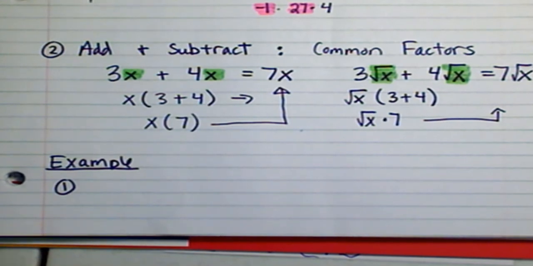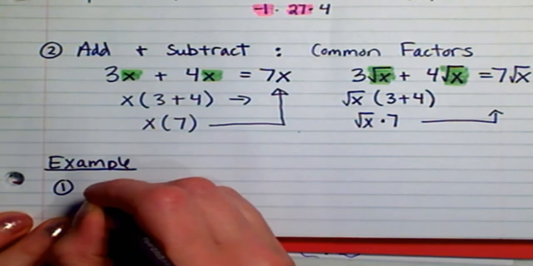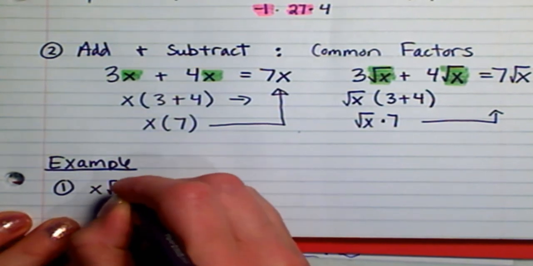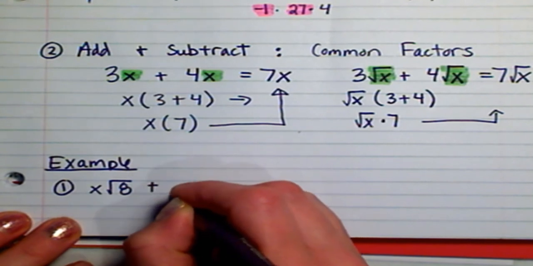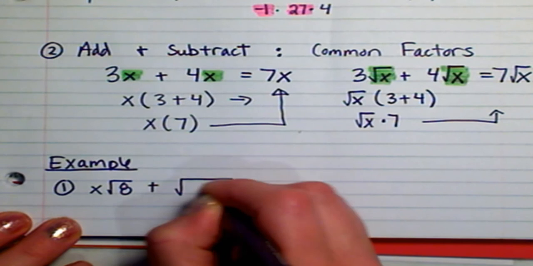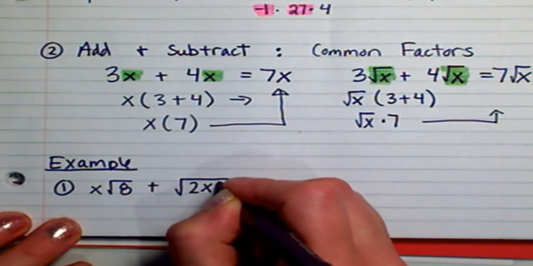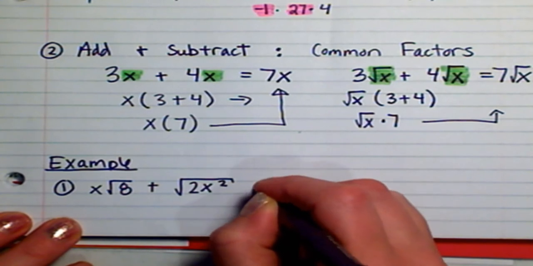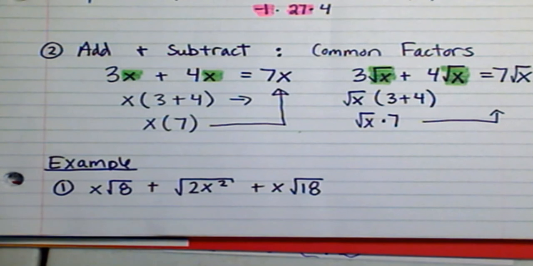Okay, let's write our first example down. Okay, so we're going to start with x times root 8 plus the square root of 2x squared plus x root 18.